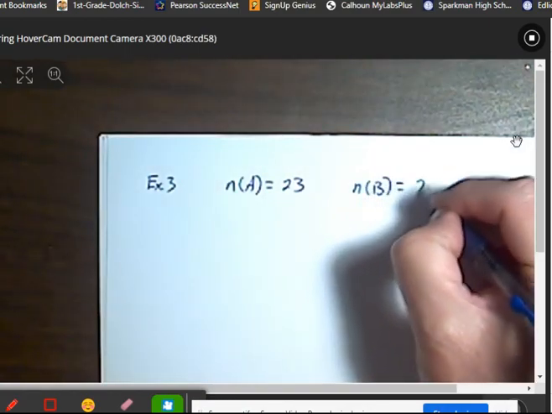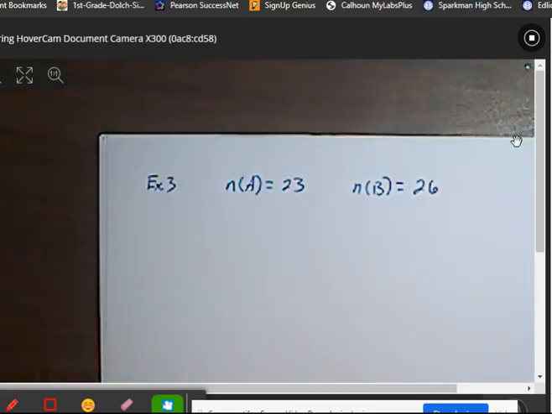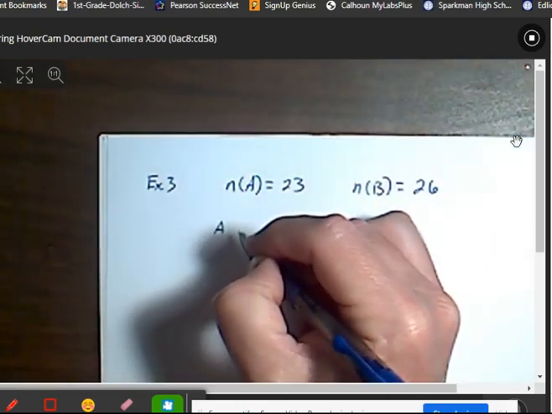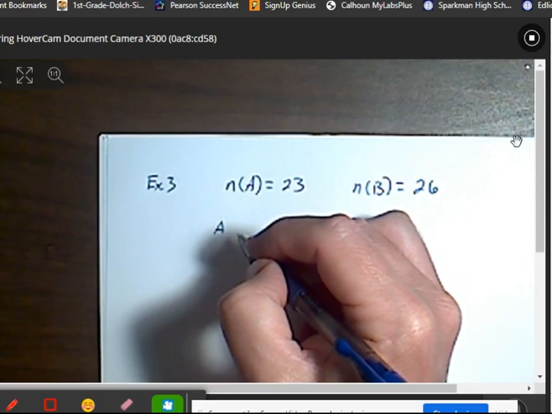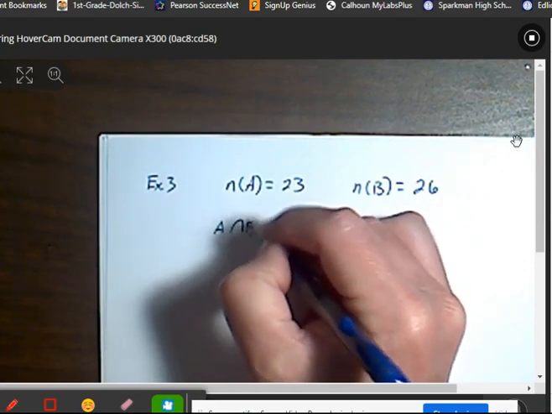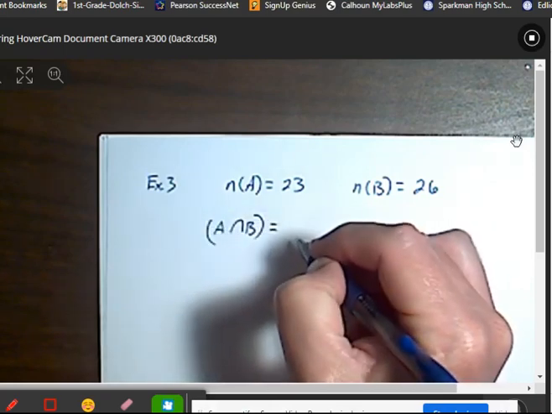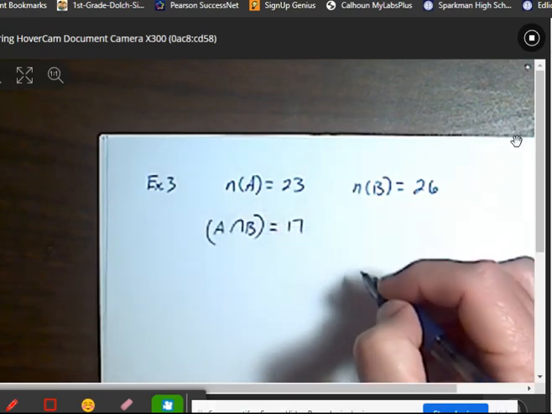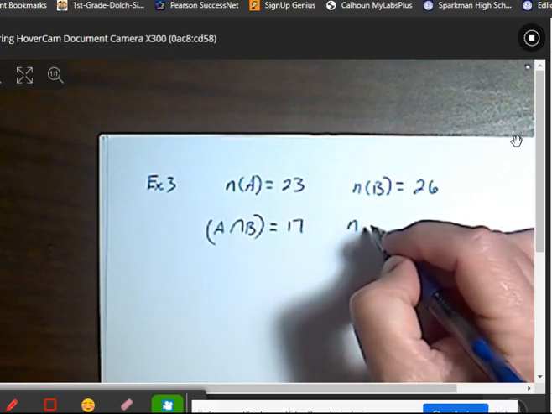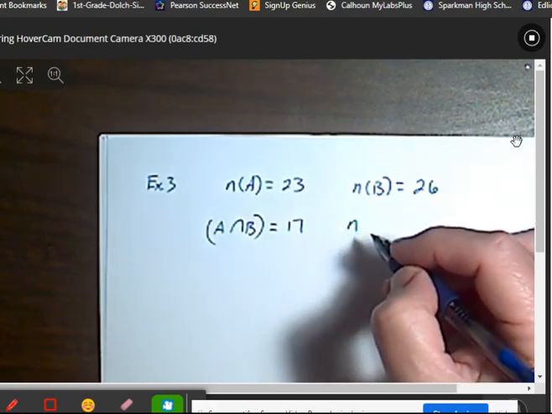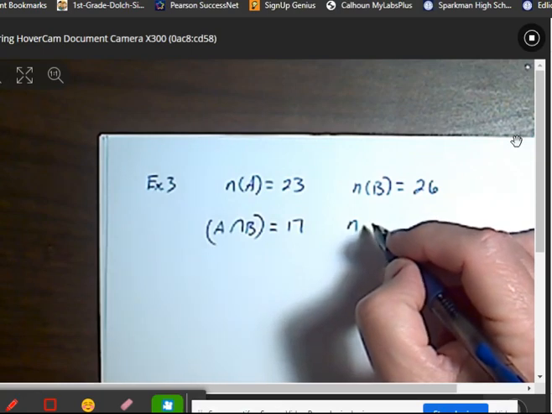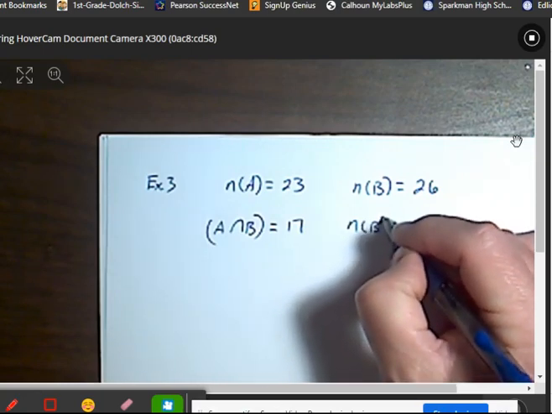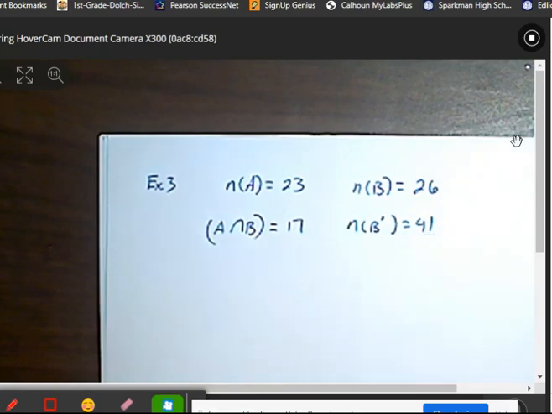The number of B is 26. A intersect B is 17. And the number of B prime is 41.